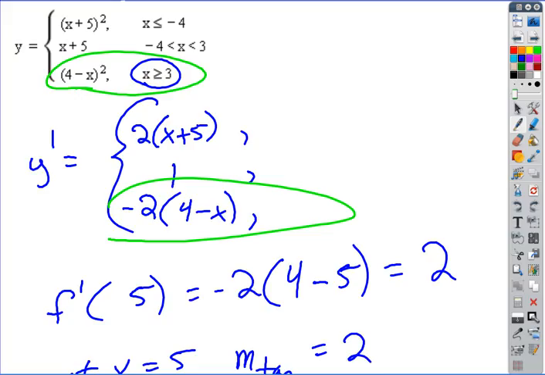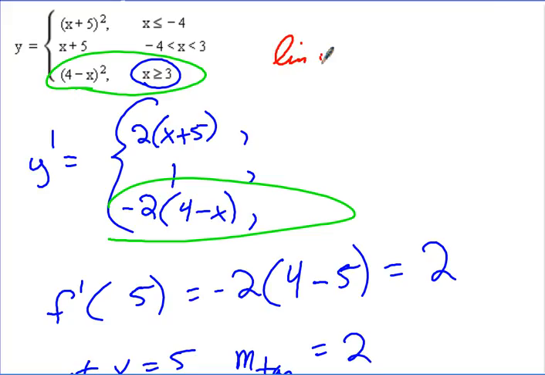Okay? We want to see what's going on where we join, though. Is it going to be a sharp corner, or is it going to be a nice smooth transition where the derivative is defined? So we'll take a limit. We'll find the limit of the derivative as x approaches -4 from the left, from values less than -4, right?